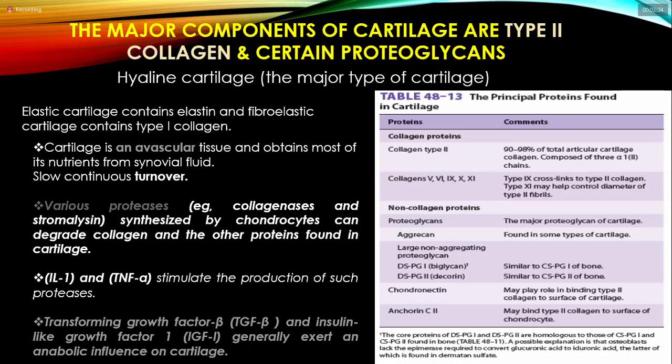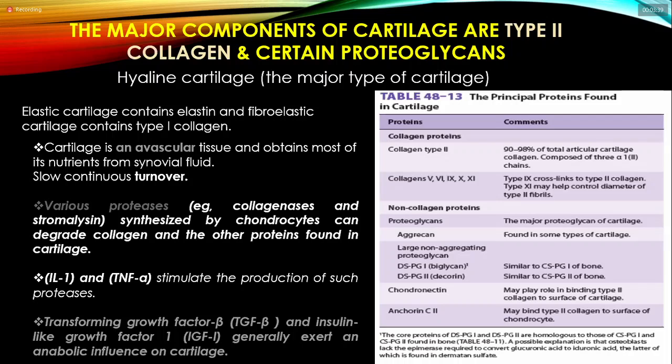These proteases have been found to be activated by the action of certain cytokines. It means that once we have inflammation, we expect the destruction of the cartilage tissues due to the action of these cytokines and interleukins, such as interleukin 1 and TNF alpha. It has been found that TGF, which is known as transforming growth factor, as well as insulin-like growth factor, play a role in cartilage anabolism.